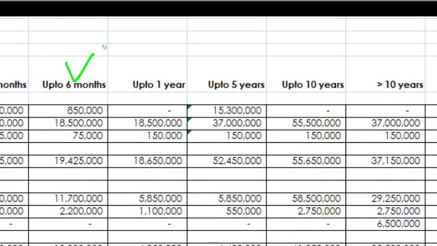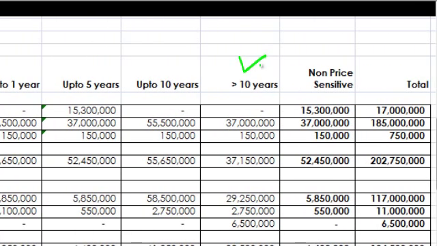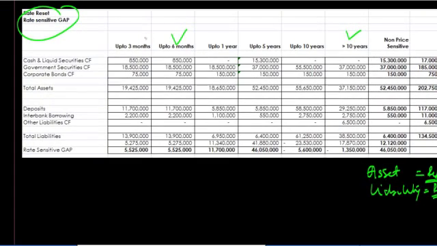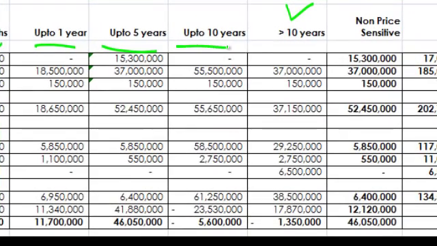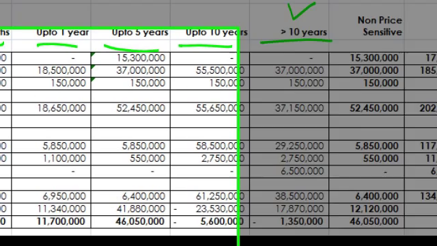In the contractual maturity or the contractual gap or the price gap or the maturity gap that we saw above, it will fall here. However, in this specific case, in the rate reset gap, it will fall in the 6-month window. So what we're saying here now is that, anything that resets in 3 months here, in 6 months here, in 1 year here, up to 5 years here, up to 10 years here, greater than 10 years here. And in essence, you've done more or less the same calculation.